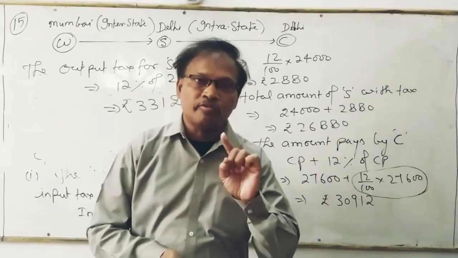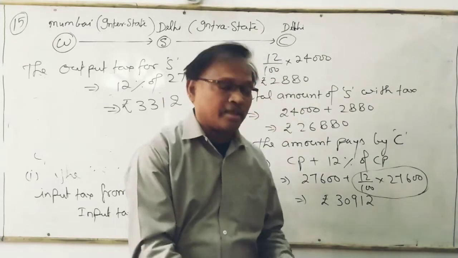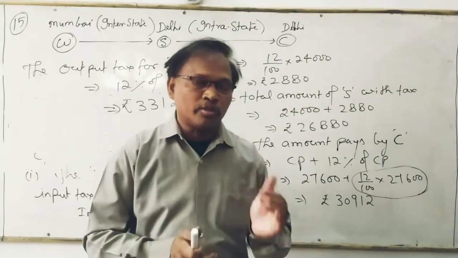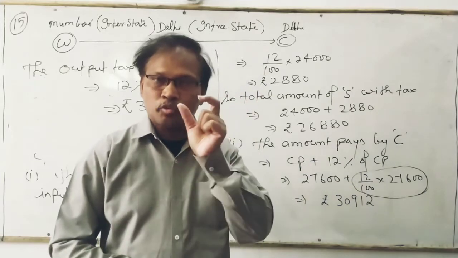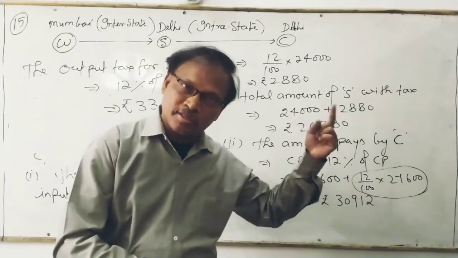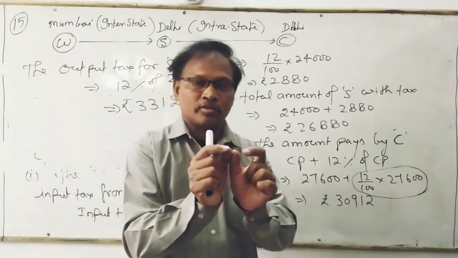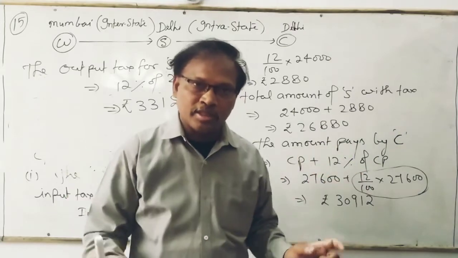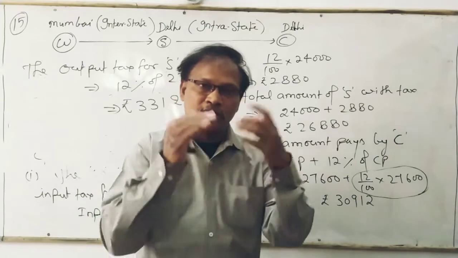The difference will go to the state of Delhi government, because the full 2880 has already gone to the central government. The same tax, the 2880, he first gave to the central government. This is the integrated tax, meaning from the Delhi government and the Mumbai government, both combined have already gone fully to the central government.